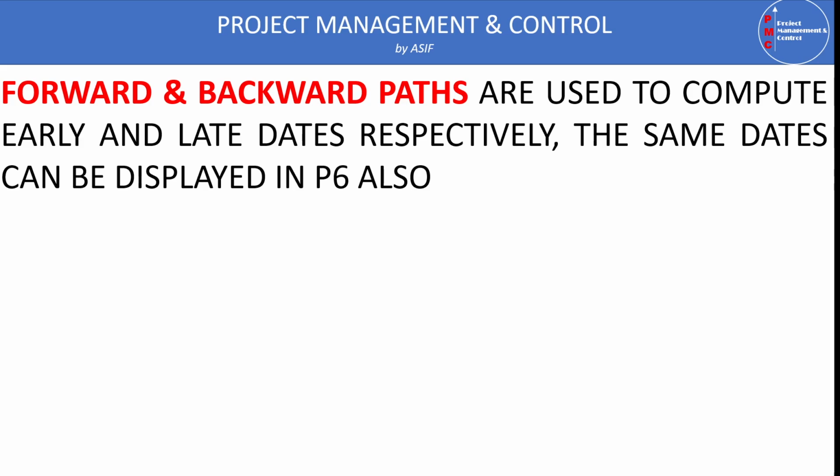So late start is the latest an activity can be started without delaying the project or subsequent activity. Similarly, late finish is the latest an activity can be finished without delaying the project or successor activity. So early and late dates are very important for the planners and the site execution team to know when an activity should be started, and the maximum it can be delayed without delaying the project.